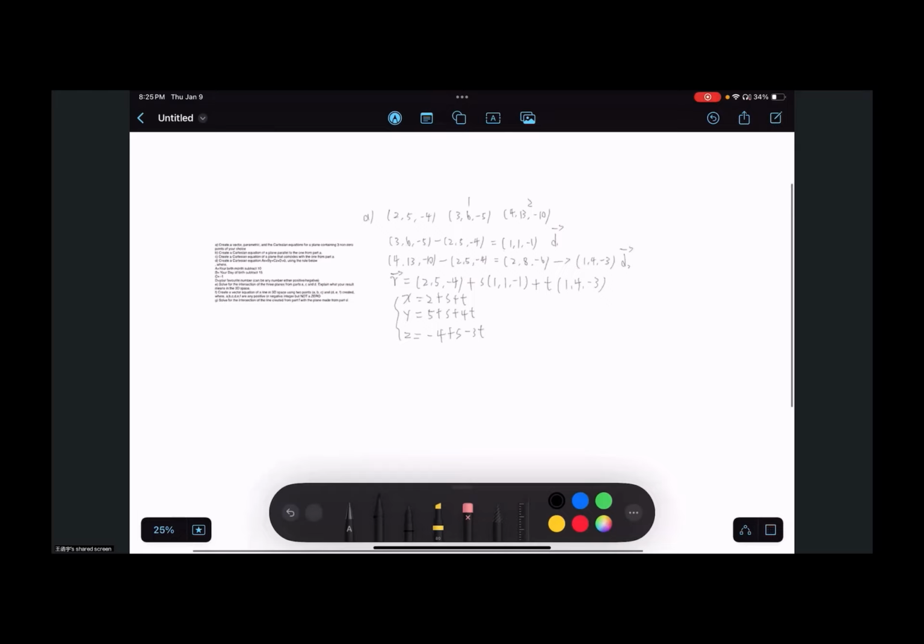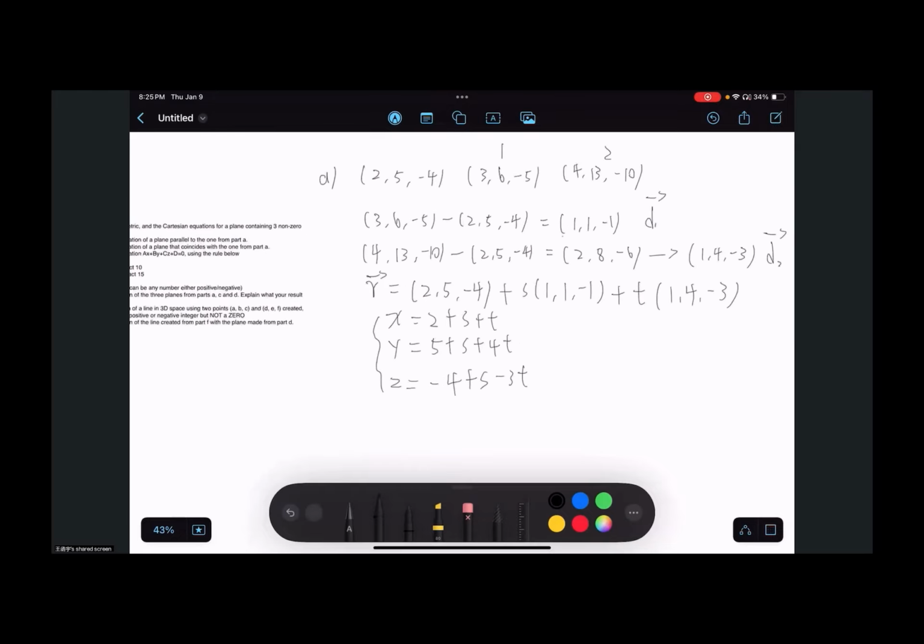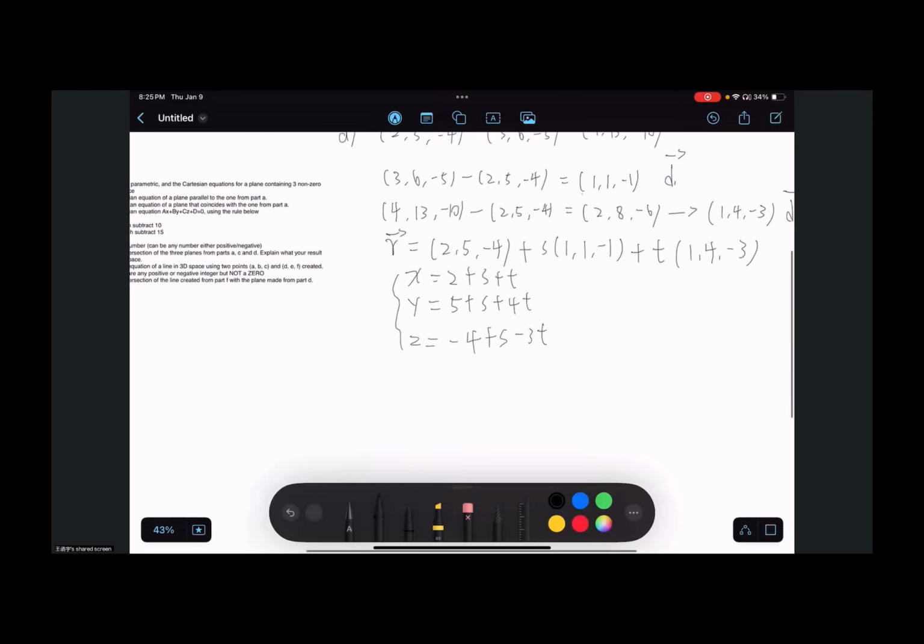So then we need to find the Cartesian equation.